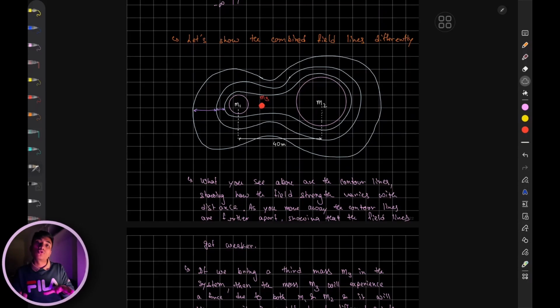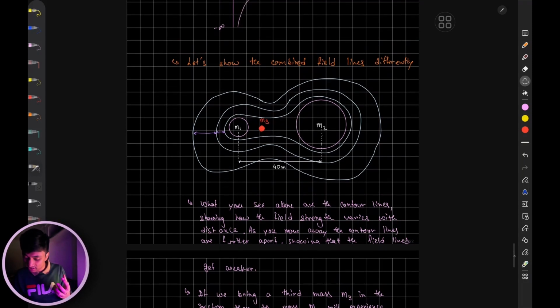I've taught you guys about control lines as well, somewhere above. Actually, I've taught this in electric fields. Anyways, control lines basically define field strength.